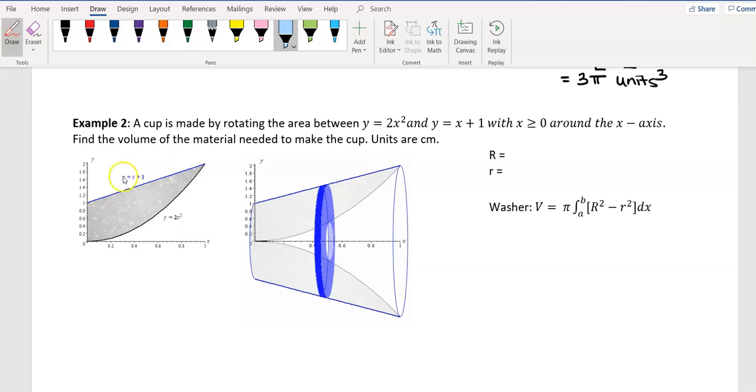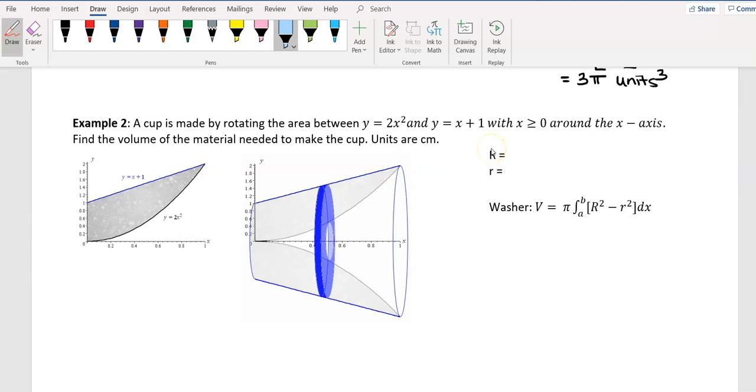In this particular case, in example 2, they have graphed it for us and they've even labeled them for us. This blue line here is y equals x plus 1, so that's one of the functions we are rotating, and then the second one is the parabola y equals 2x squared, and that is the black curve here.